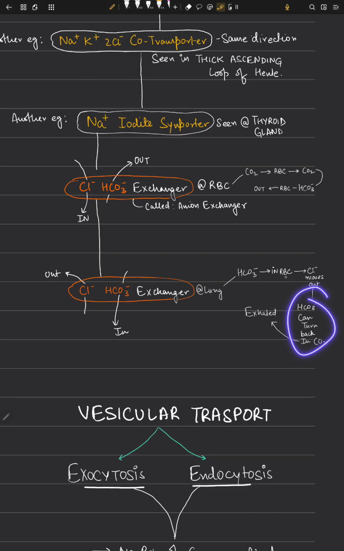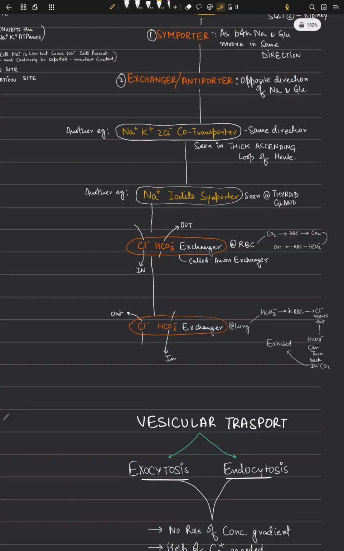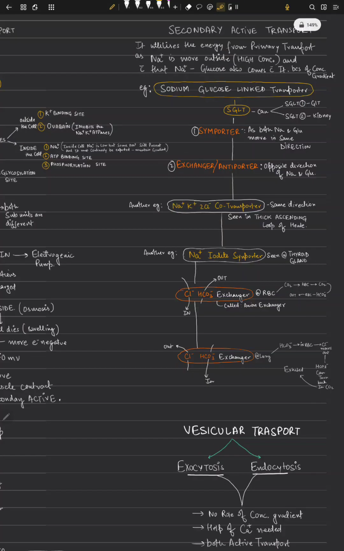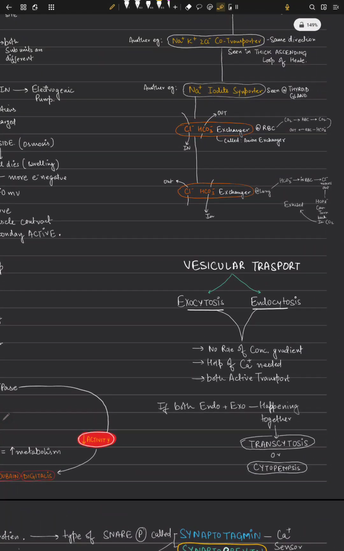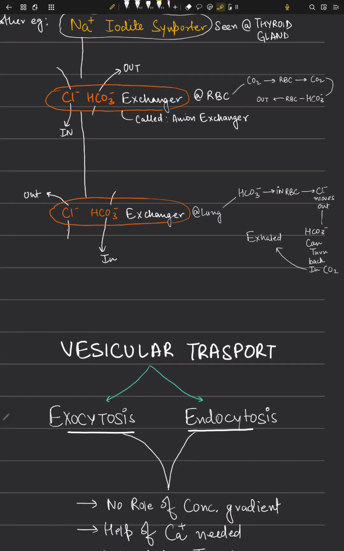This happens in the RBC and then we exhale. I hope you understand me. I think I'm a terrible explainer at this. Just understand that sometimes chlorine can get out and HCO3 can come in, and HCO3 can get out and chlorine can come in, the opposite.